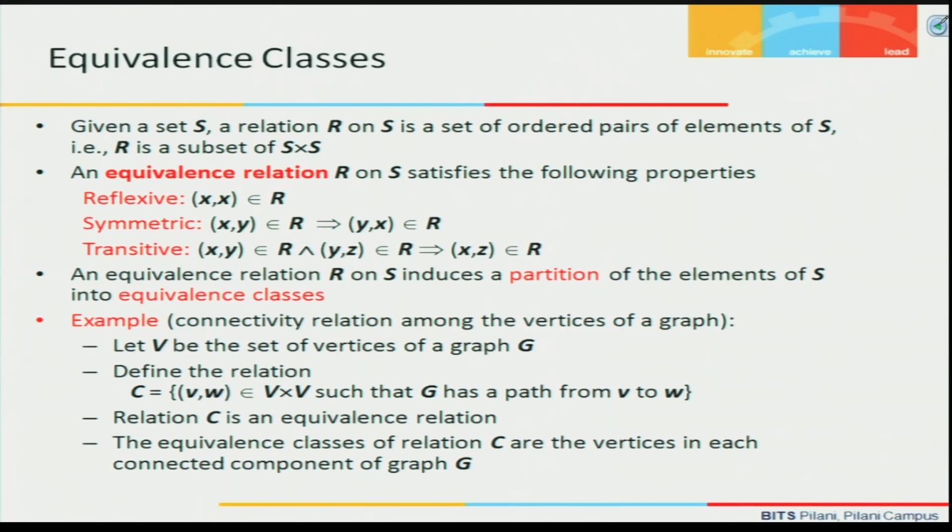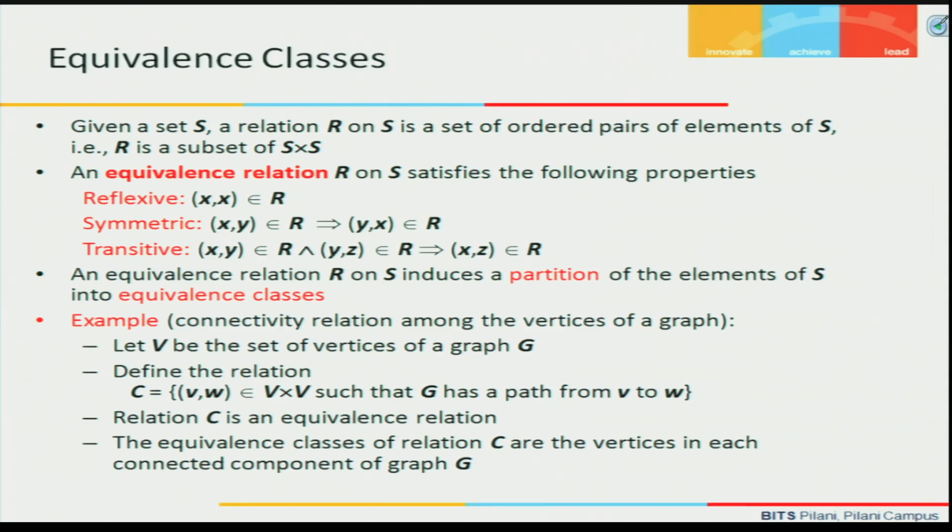And similarly, transitivity says that if x and y are related and y and z are related, then x and z are related. Equivalence relation is a very important idea, and there are many equivalence relations which represent some natural property of a problem.